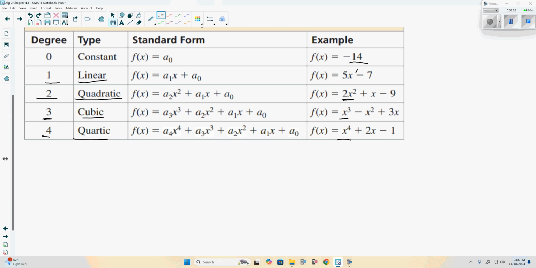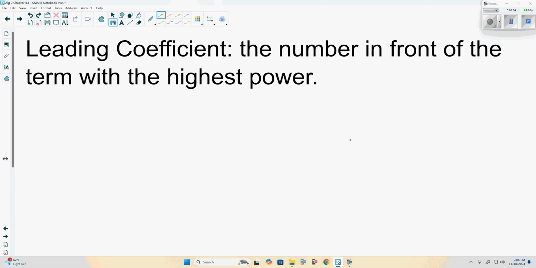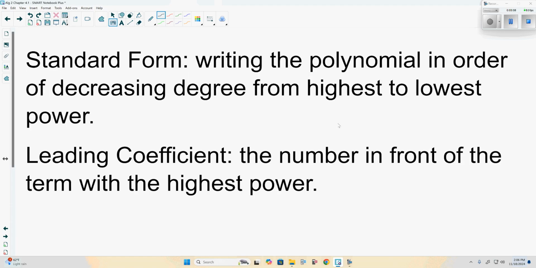Now there is some more information before we start looking at these here, and that's this here. Standard form. If we write a polynomial in standard form, we're going to write it from biggest exponent to least, which is normally going to be whichever one has the biggest exponent to our constant term, our term without a variable.